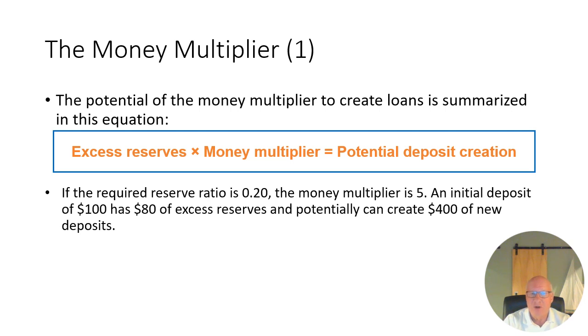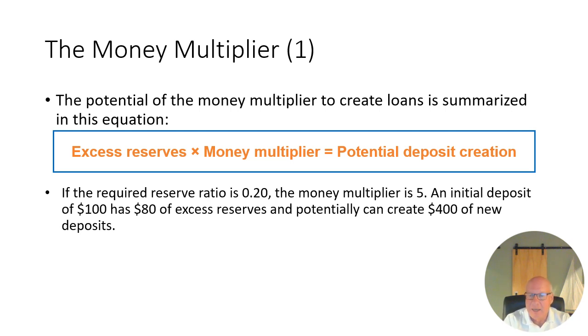So the excess reserves, let's assume that we have an initial deposit of $100. 20 of it must be kept in reserve because we've assumed that we have a 20% reserve requirement. So if you deposit $100 and keep 20, you have excess reserves of 80.